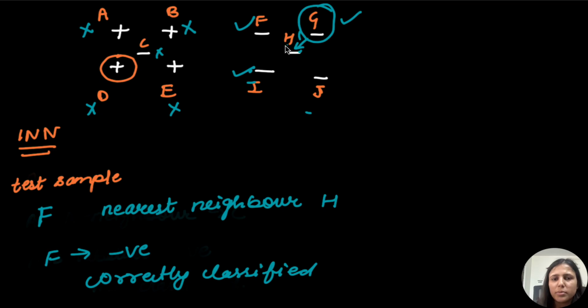So J will also be negatively labeled, and the true label of J is also negative. So this is correctly classified. Now talking about H, as we did for C, all four data points are its nearest neighbors, and all of them are negative. So if we do a max vote, H will be negative and it will be correctly classified.